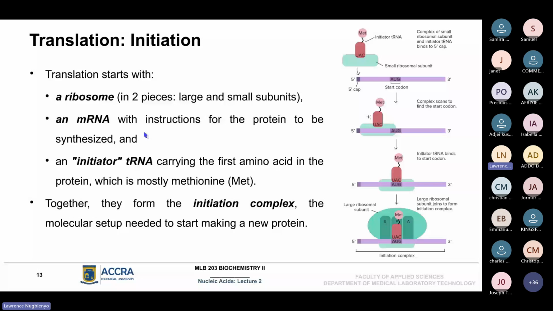Now, it's just the process of initiation, elongation, termination, which is being shown again, just different steps. In the beginning, the first amino acid which is coming in, the initiator transfer RNA, is carrying methionine. So that is the start codon carrying the methionine.